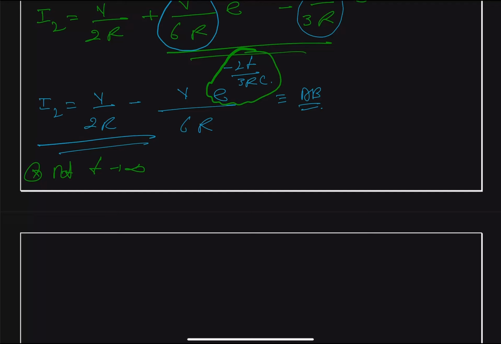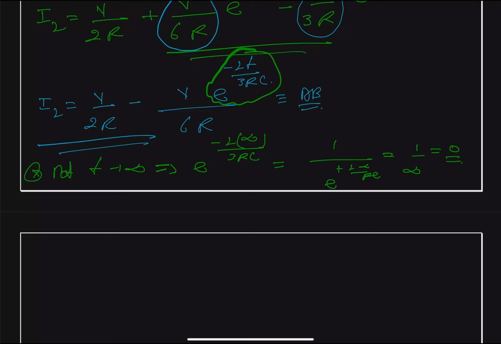If t tends to infinity, this comes as e raised to power minus 2 infinity divided by 3RC, which is 1 upon e raised to power plus 2 infinity upon 3RC, so this is 1 upon infinity, which equals 0.